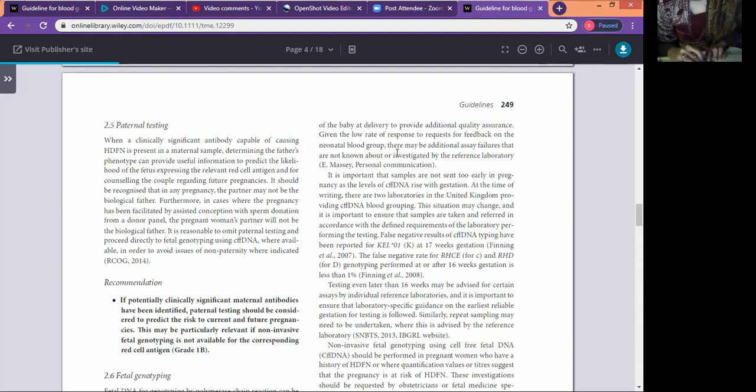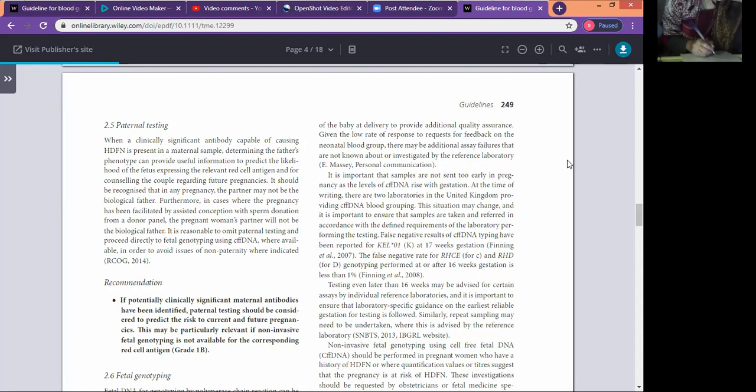And then regarding the antibody identification, we need to go into details about the antibody screening of the cells, and if the screen comes out to be positive, then there's need to go about antibody identification.